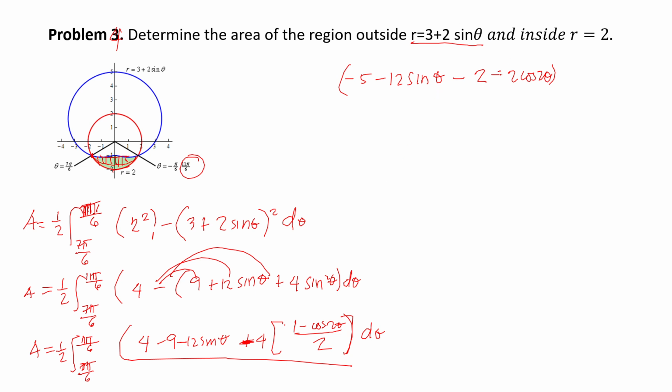This is plus rather, because it's negative and plus. So negative 5, negative 12 sine theta, minus 2, plus 2 cos 2 theta. So you have to combine this. So this becomes negative 7 minus 12 sine theta plus 2 cos 2 theta.